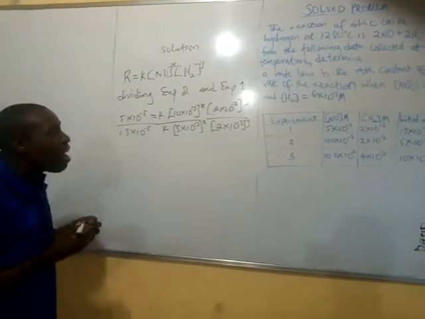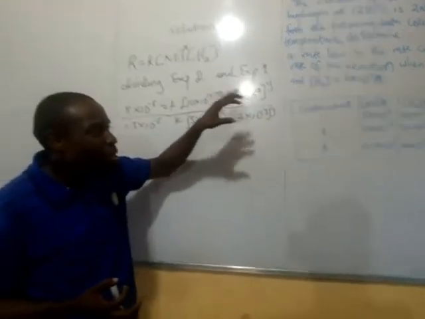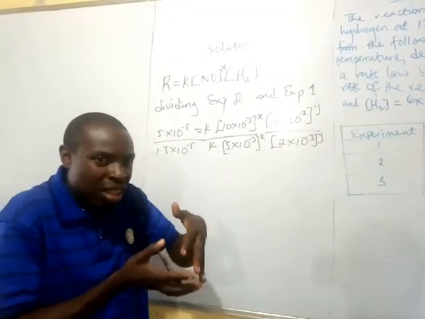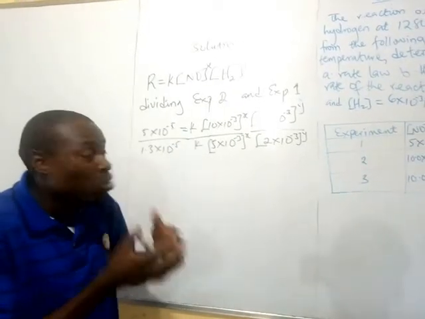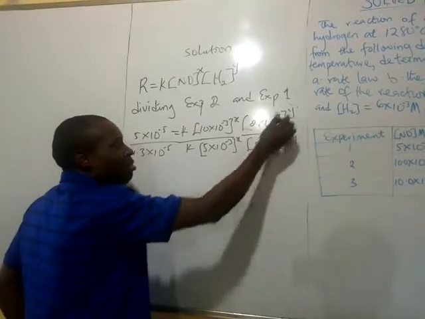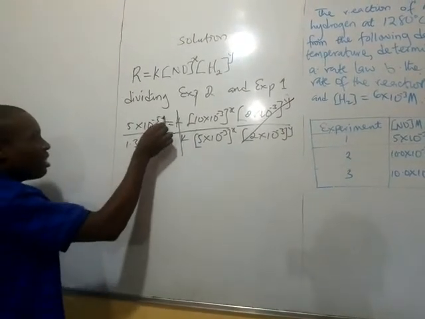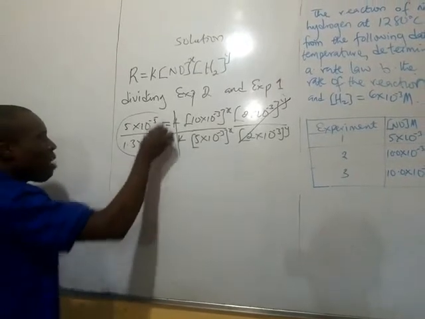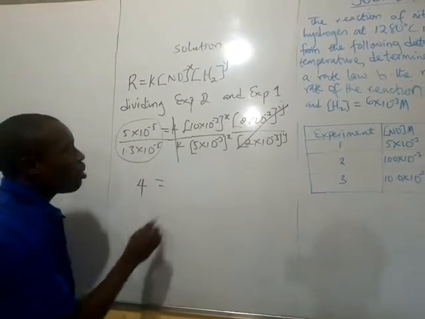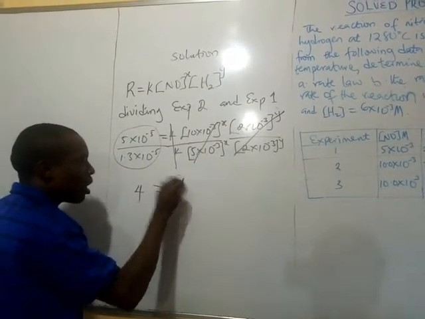Now if you observe, we've already established that you will check the experiments for the two that are the same, so that they can cancel, so you can get the other unknown. Now you just strike them out, because they are the same thing. So when you divide, here it goes away, here it goes away. When you divide these two, you'll have an approximate value of 4, which is equal to, here divided by here, 2 raised to the power x.